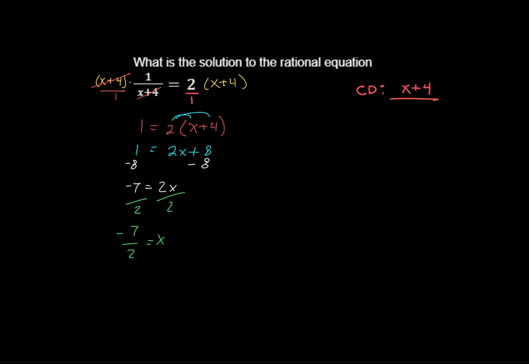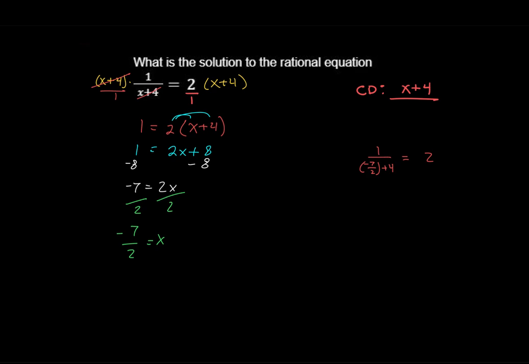Now, anytime we're doing rational equations, we do want to make sure that it doesn't make any of the original denominators 0. That would mean it's an extraneous solution because it can't actually be substituted in for x. So if we go and check to see if it makes the original bottom 0, we take our x value, which is negative 7 halves plus 4, and negative 7 halves plus 4 is not 0.